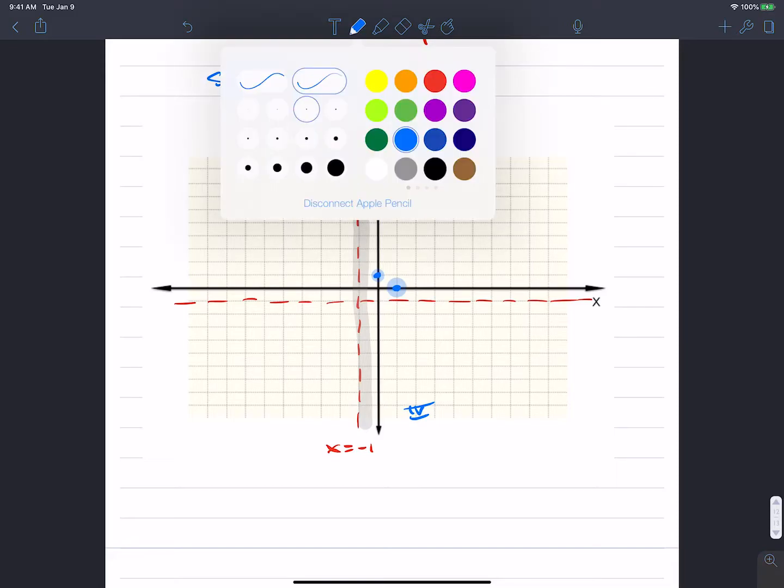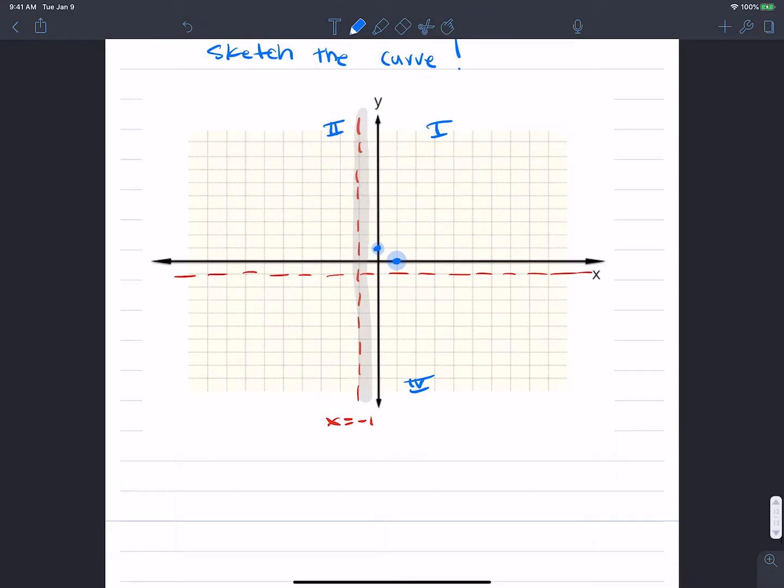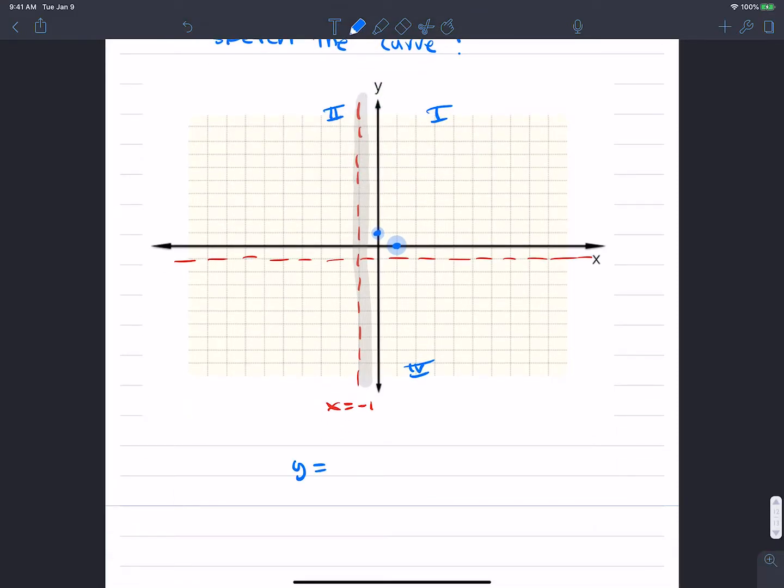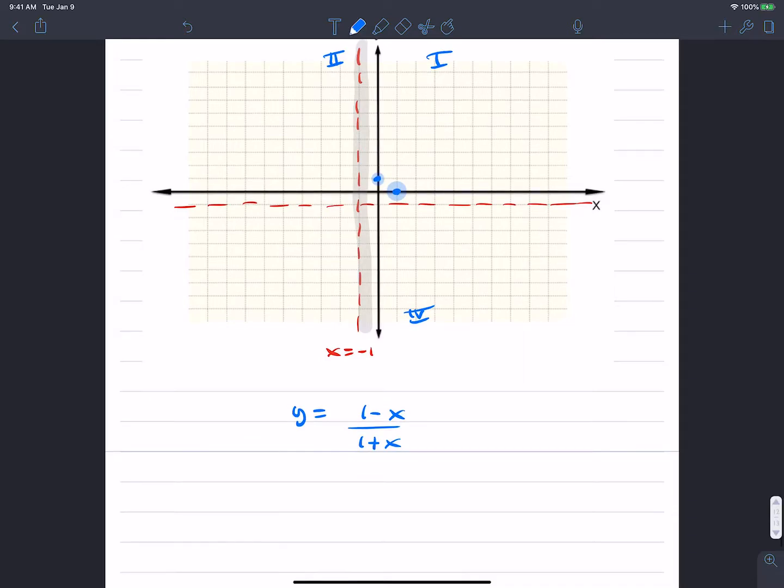How about if we try this? Go back to the function. What's your function here? Y equals, what was that? 1 minus x over 1 plus x? So let's check. Give me a value of x to the left of -1. We've been using like -2. So if I plug in this value here, -2, what do I get for y?